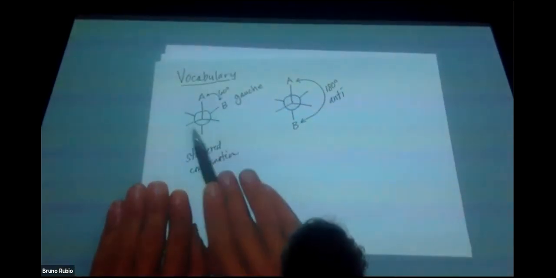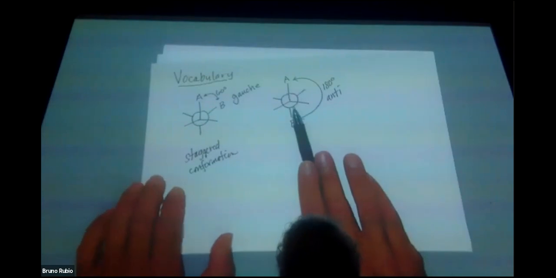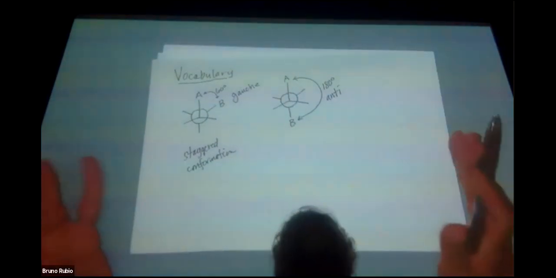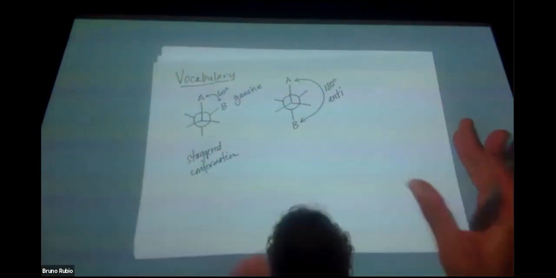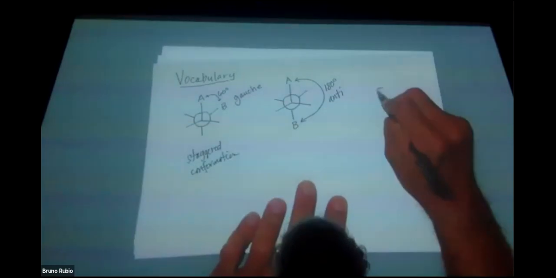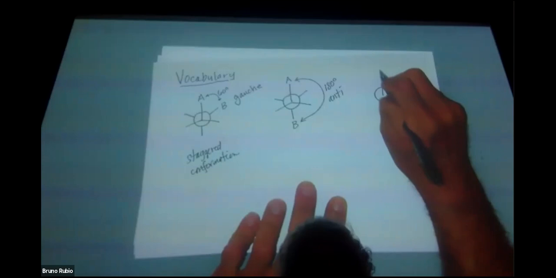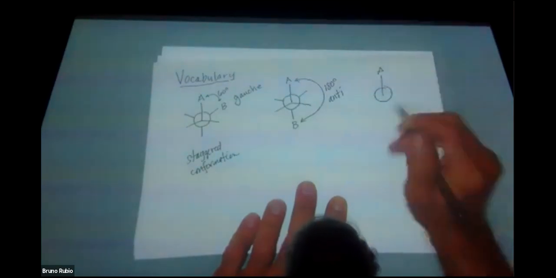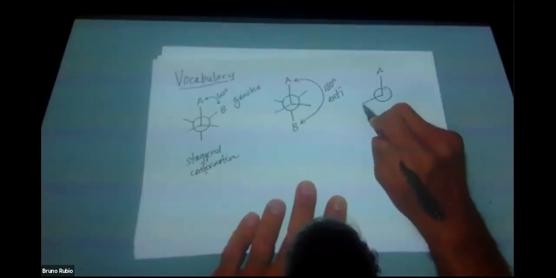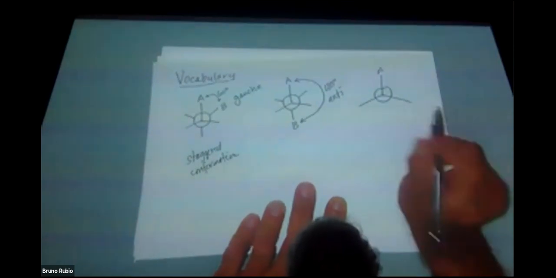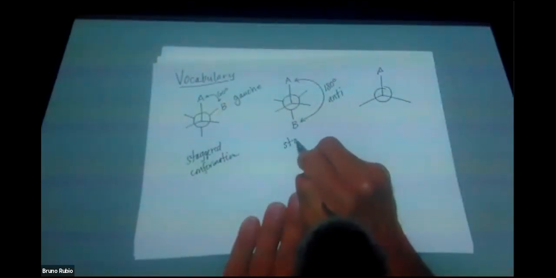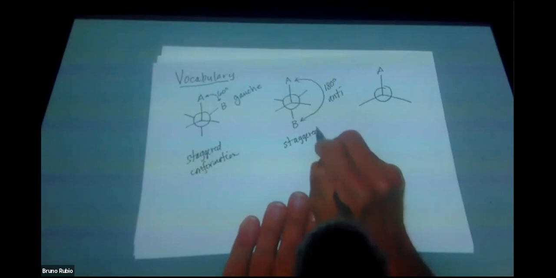So we don't have any eclipses here, but we need a Newman projection that shows those eclipses. And so that is this conformation here. This one is a staggered conformation as well.